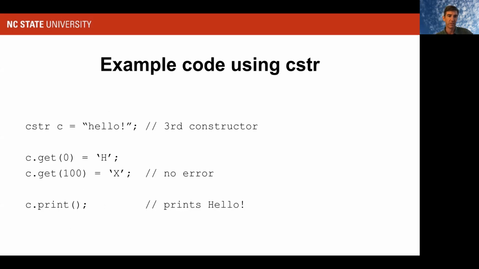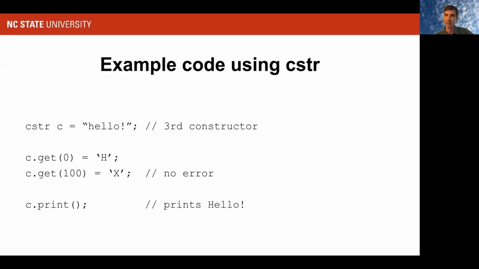Now this C equals hello, this may not be obvious, but this is using that constructor that we wrote. There's this nice special rule that if you have a constructor that takes a single argument, when you construct object C, you can say C equals something of that type, and it will call the correct constructor that takes that argument and use it to initialize the object.